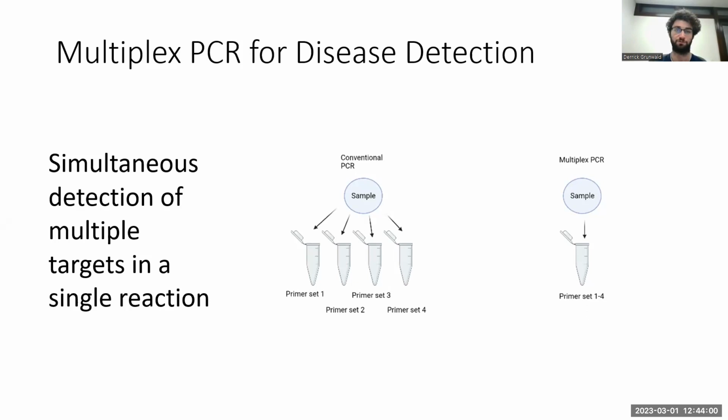Versus in a multiplex PCR, you would be detecting the same things in a single reaction that contains all the primer sets of interest. This has the benefit of reducing the amount of materials used, but requires additional optimization to make sure that none of the primer sets, for example, interact with each other, and you can detect everything fairly at the same rates.